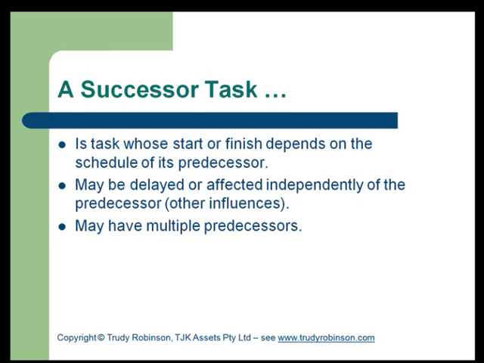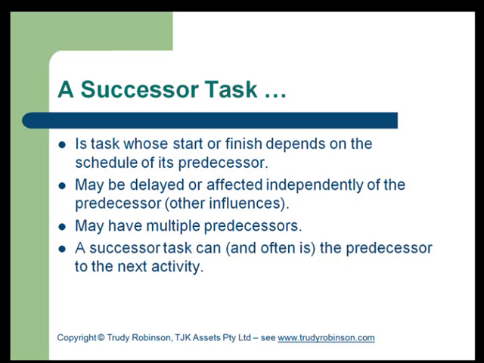And of course, a successor may have multiple predecessors. And it is likely that the successor can and often will be the predecessor to the next activity. In the following examples, task S is used for a successor task.